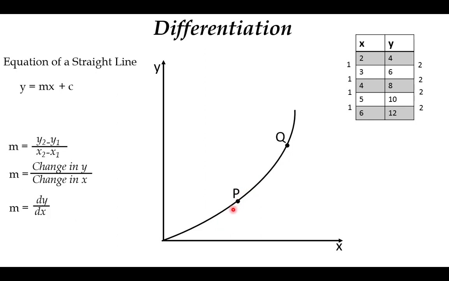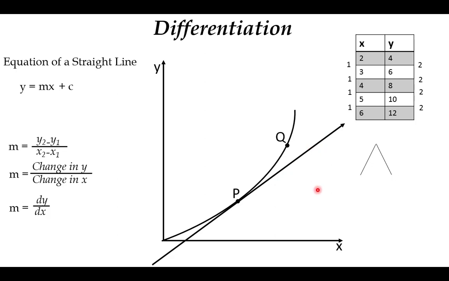Now, for this particular graph, if we want to find the rate of change at point P, we will be asked to look for the slope at point P. So how do we take the slope at point P? Usually, we draw a tangent to point P, and this tangent is where we now take our slope.